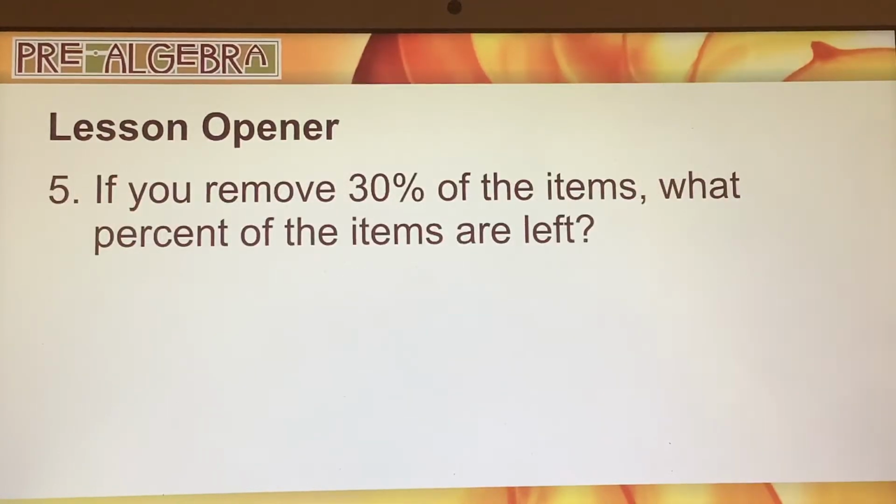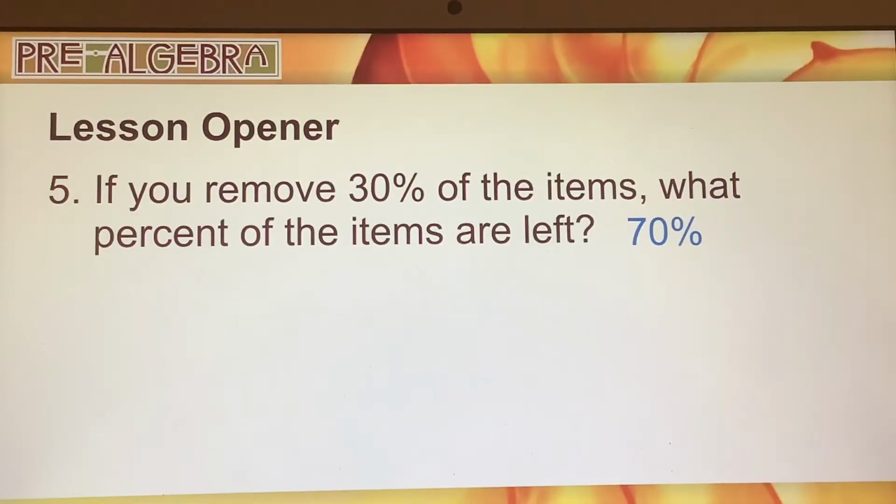If you remove 30% of the items, what percent of the items are left? So let's say you have a total number of items, you remove 30% of them, and you want to see what the part is. Basically, you're just subtracting. Let's say our items are jelly beans.